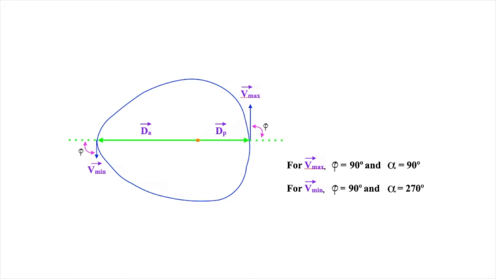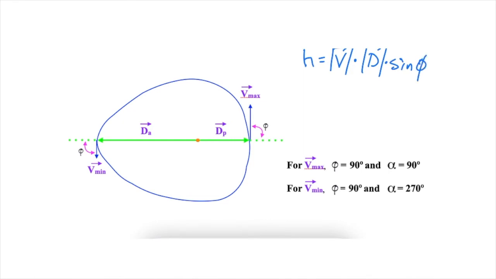Now recall that we have previously shown that the specific angular momentum, h, of a planet at any point in its orbit is equal to the speed of the planet times its distance from the sun times sine phi.